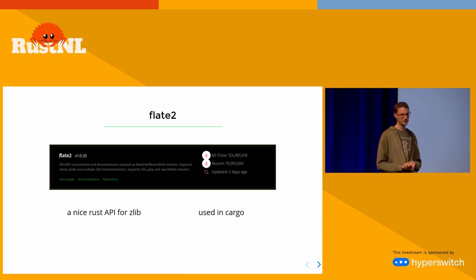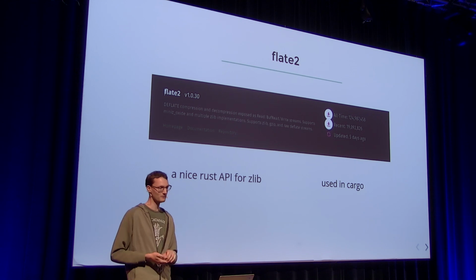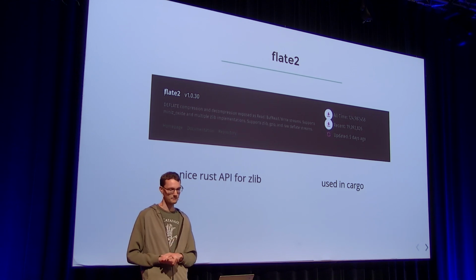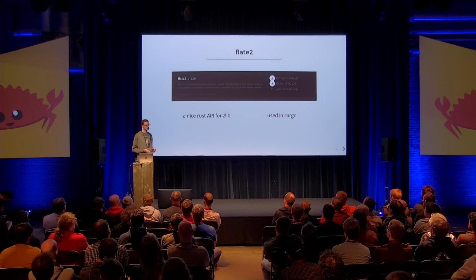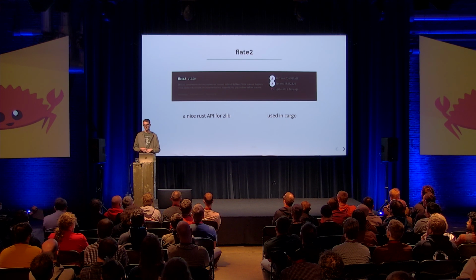It's also used in cargo, because again, gzip is everywhere. But Flate2 itself is actually just a shell. It doesn't implement any of the actual compression logic. For that, it uses one of several backend crates, which you can toggle with a feature flag. So you can use zlib-og if you really want the compatibility, or you want to just use the thing that's already on your system. You can use zlib-ng if that is what you want.